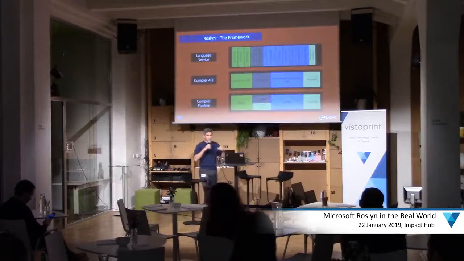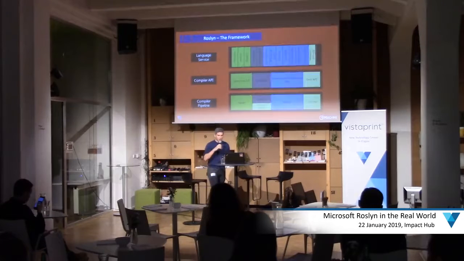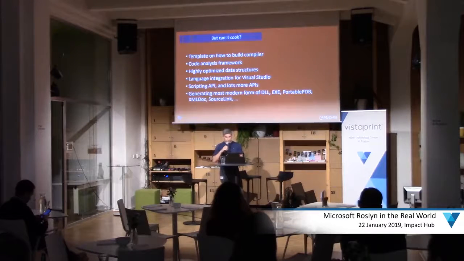So you can see it when you are developing. It underlines wrong code with red lines and all these things. And thanks to Roslyn, these things are extensible and they work. So that's like most important.